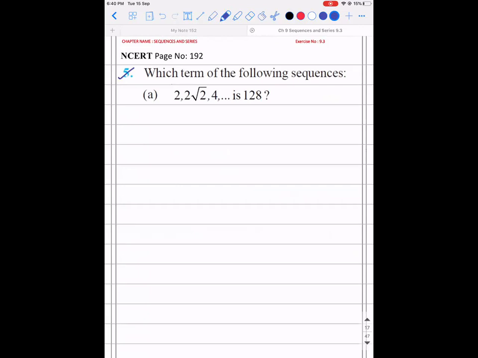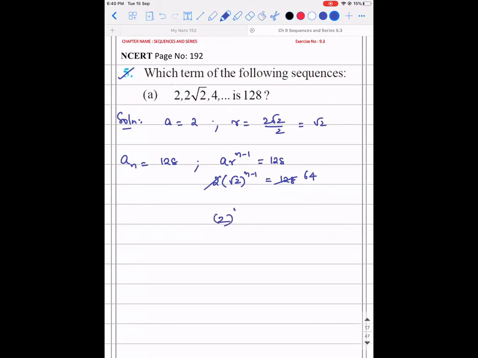Which term of the following sequence 2, 2 root 2, 4 is 128? So A is 2, R is 2 root 2 divided by 2. That will be root 2. So AN is equal to 128. That is AR power n minus 1 is 128. A is how much? 2. R is root 2 to the power of n minus 1 is 128. This and this will get cancelled. 64.